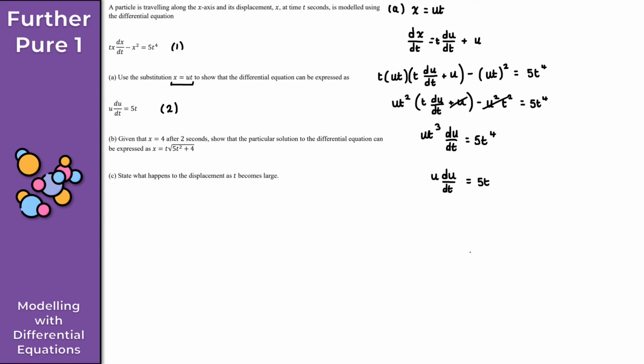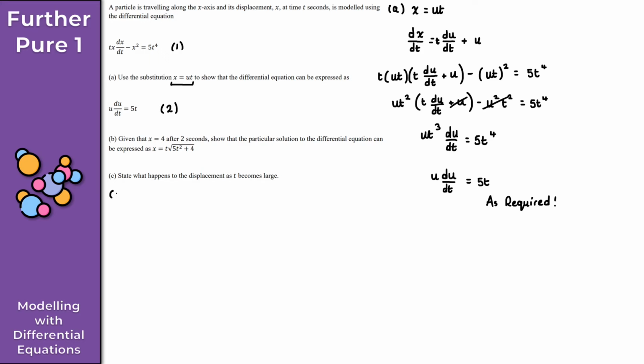As you can see, u du by dt equals 5t is exactly what we wanted to obtain. So as required, and there we have it. That gives us the solution to the first part of this question, part A. So now let's have a go at part B.